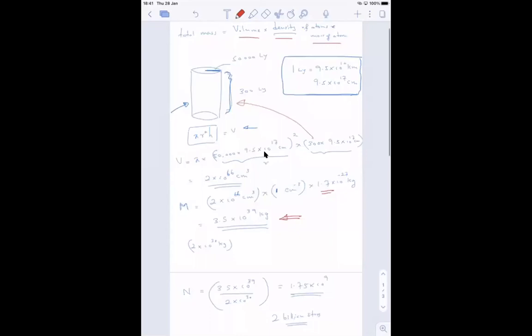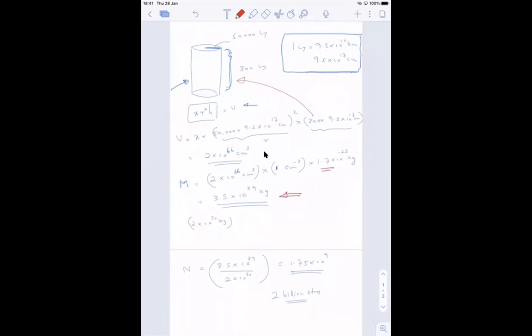Then the next question is even simpler. You have this much mass. The mass of one star, which is equal to our Sun, is 2 times 10 to the power 30 kilograms, which is this one right here. I just ask, from this mass, how many stars can we have?